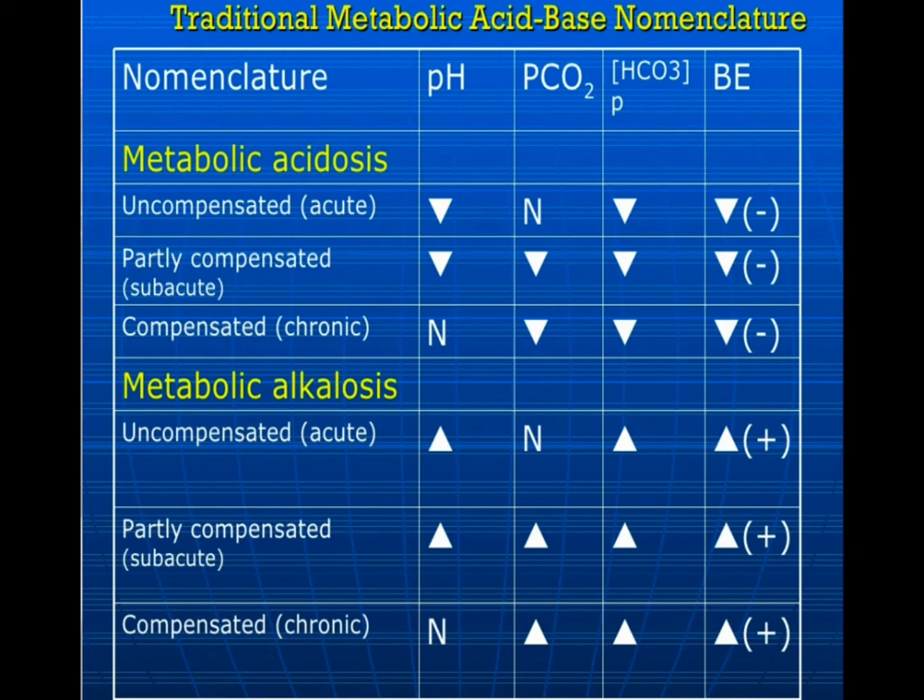Metabolic alkalosis, in uncompensated, you'll get alkalotic pH, normal PCO2, high values of bicarbonate and BE. Partially compensated, you'll get alkalotic pH, high values of PCO2, bicarbonate, and base excess. And compensated, you will get normal pH, high values of PCO2, bicarbonate, and base excess.